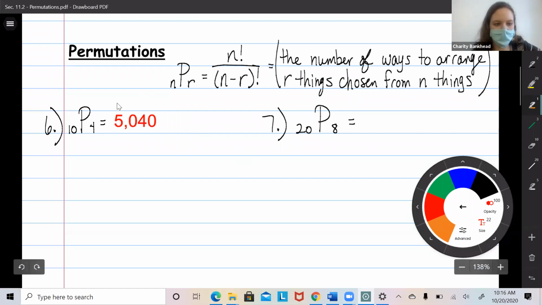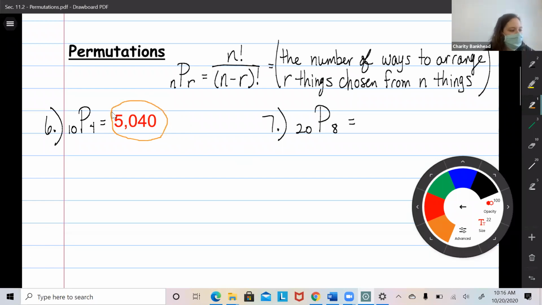And then just do the same thing for number 7, 20P8. So just type in 20, press the PRB button, hit enter, and then 8.